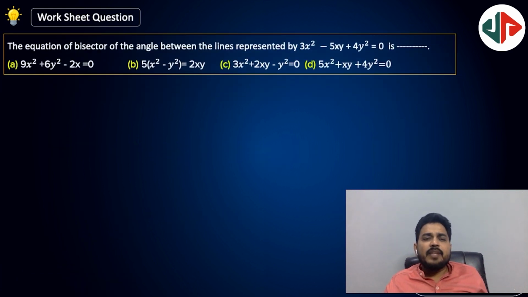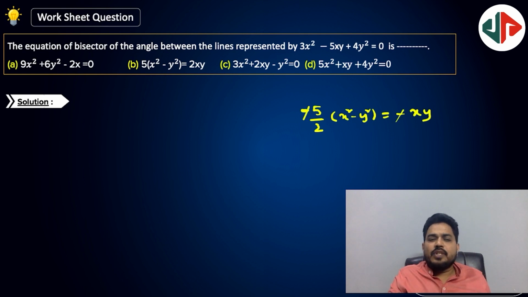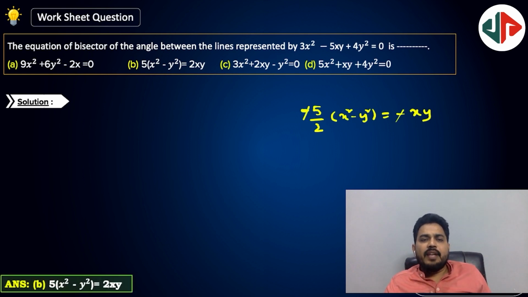The equation of the bisector of the angle between this is a very simple straightaway formula. H into, here H is minus 5 by 2, into (x square minus y square) is equal to (a minus b) into xy. Minus minus cancel. So the answer is 5 times (x square minus y square) is equal to 2xy.